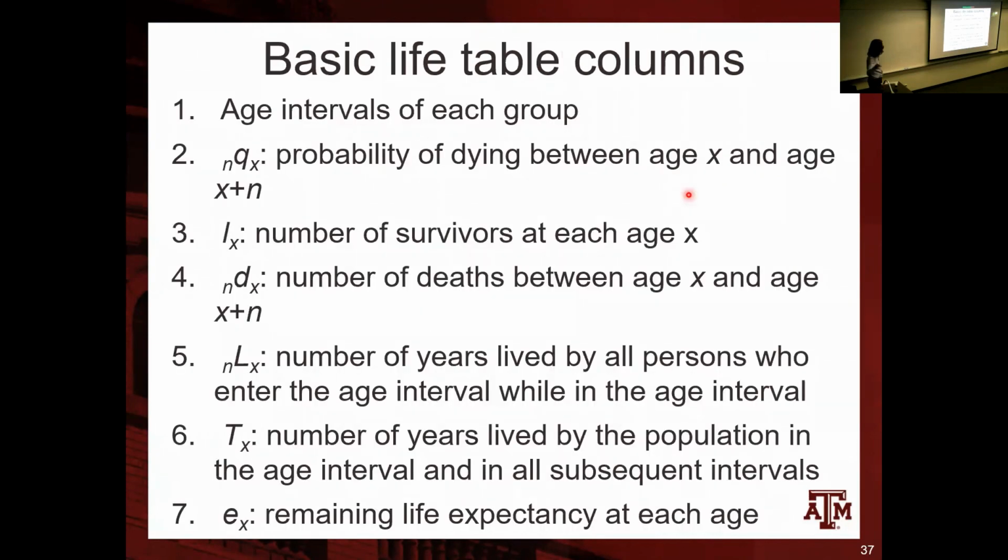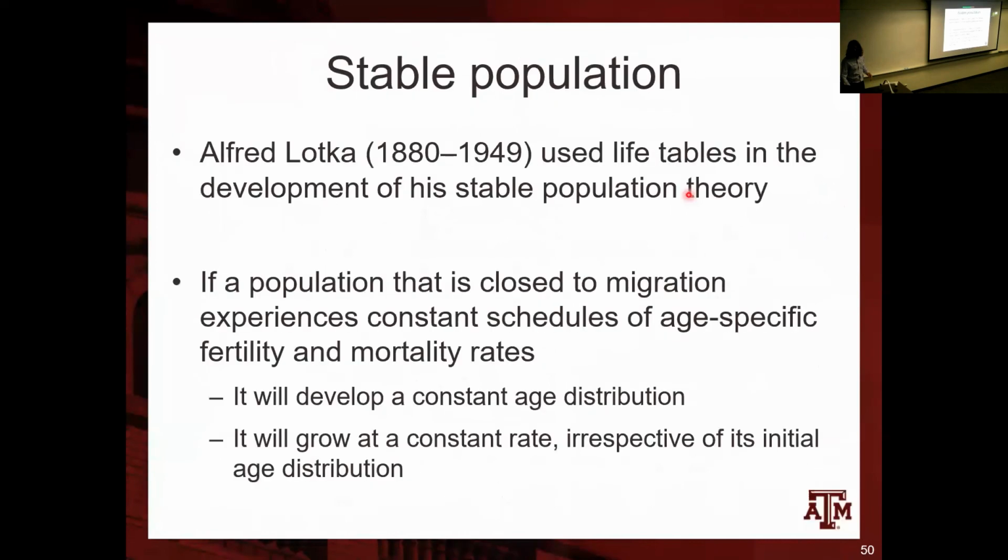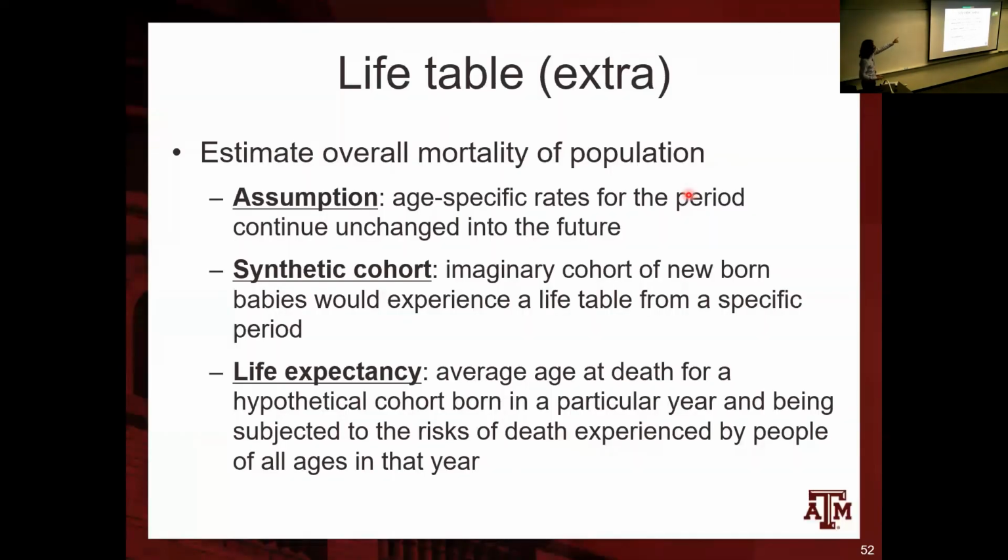So in the next class I'm going to explain this, and I will show in Excel both the exercises of standardization and life table, just to show you how these calculations are done. In the life table, I will just explain each one of them. And all this portion afterwards that is marked as extra, I will not go into detail over it. I will jump to the next topic of the chapter.